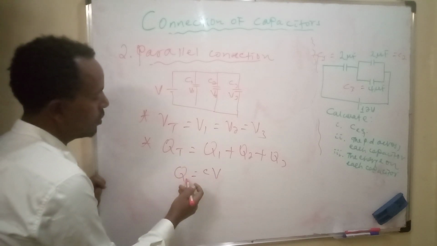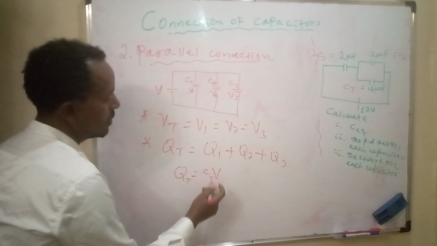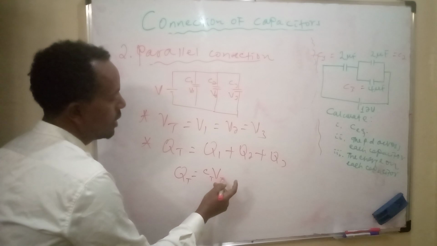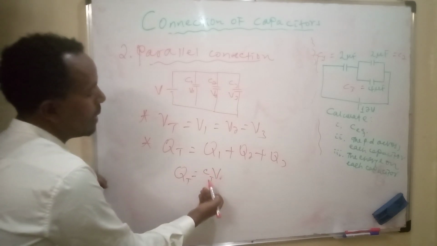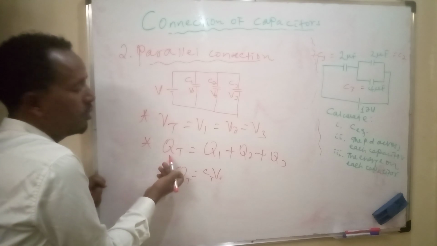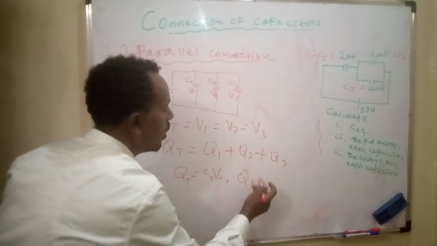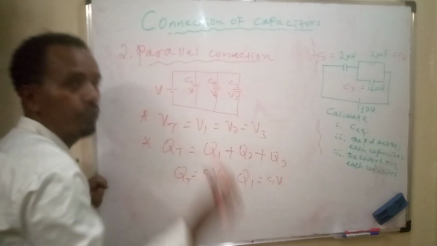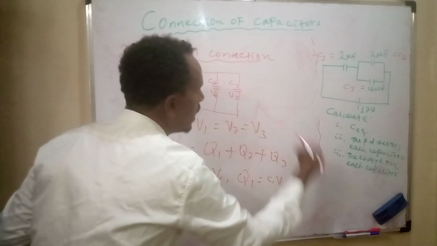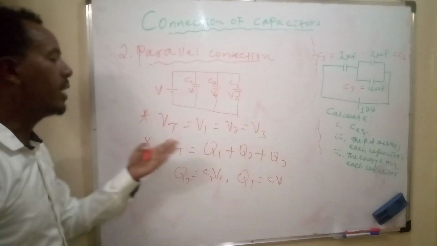Charge total is equal to capacitance total times V total. Since the voltage is constant, let's say simply V. Charge 1 is equal to C1 times V, charge 2 is C2 times V, charge 3 is C3 times V.